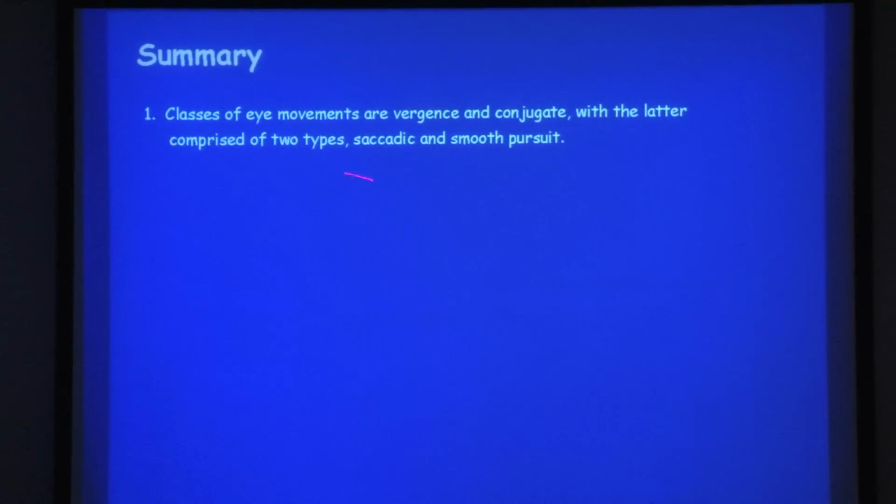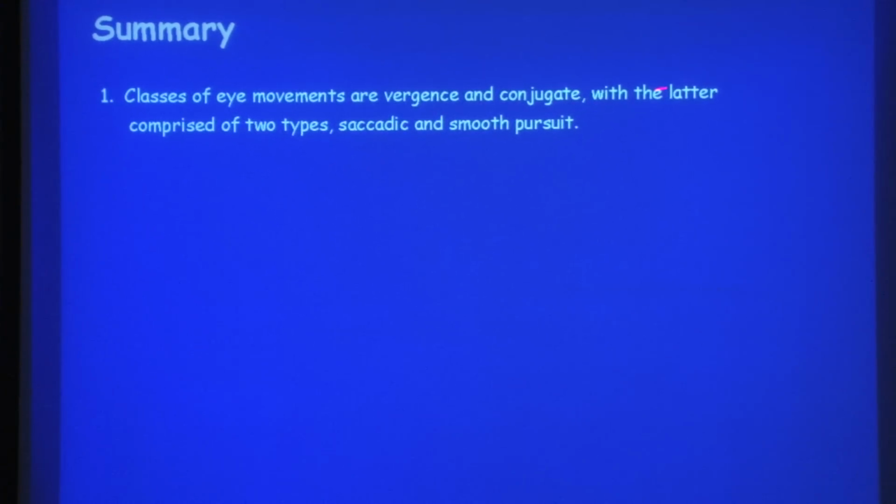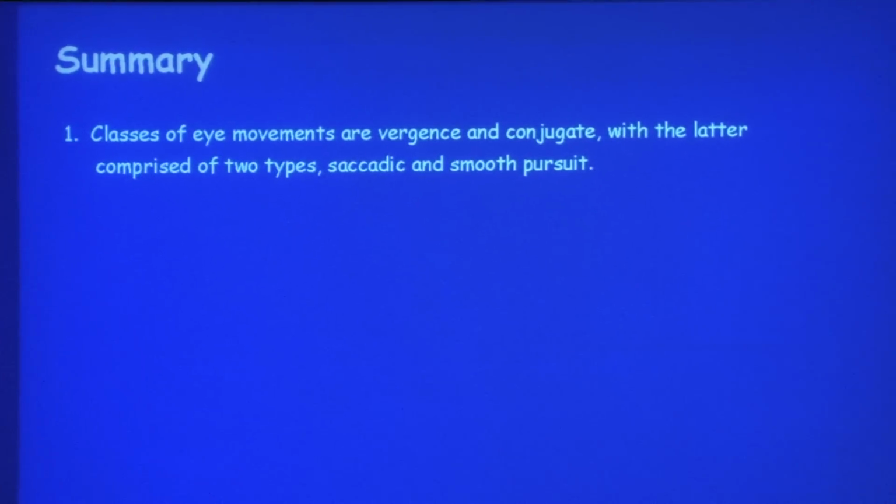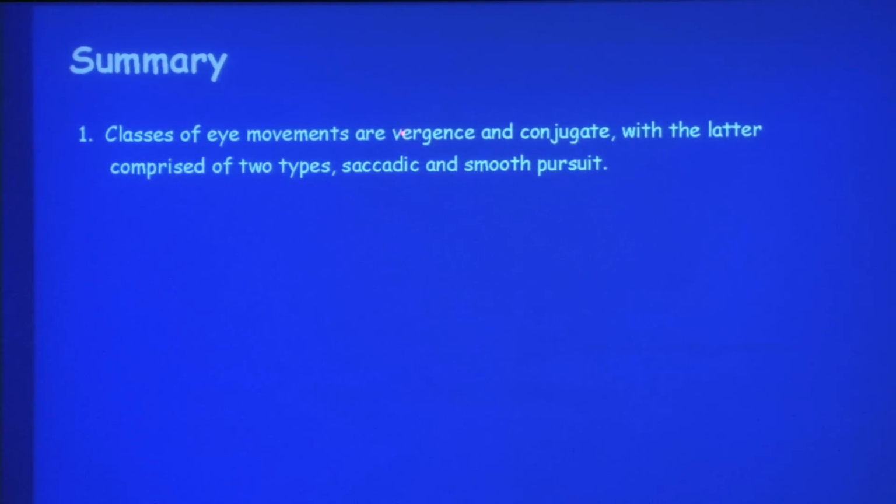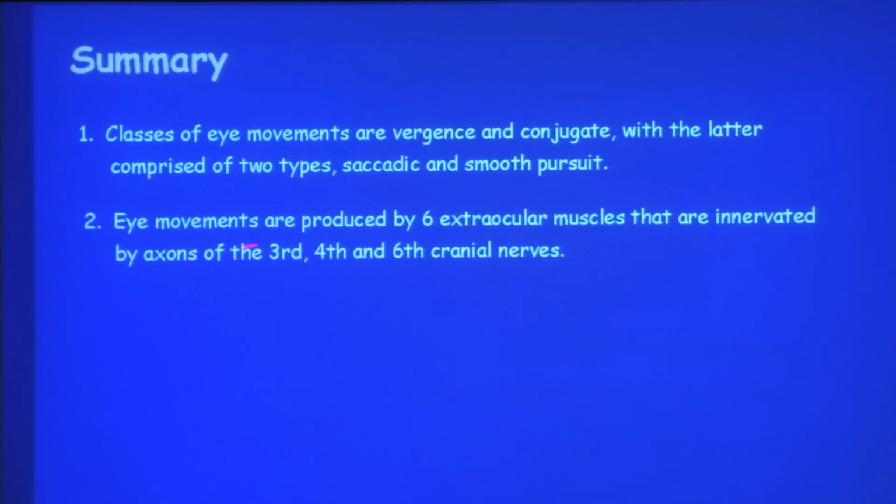First of all, there are several classes of eye movements one can distinguish. Those are vergence eye movements and conjugate eye movements. And the conjugate eye movements come in two major types, which we call the smooth pursuit type and the saccadic type. Then we're going to talk about eye movements as a result of the 6 extraocular muscles that we have.